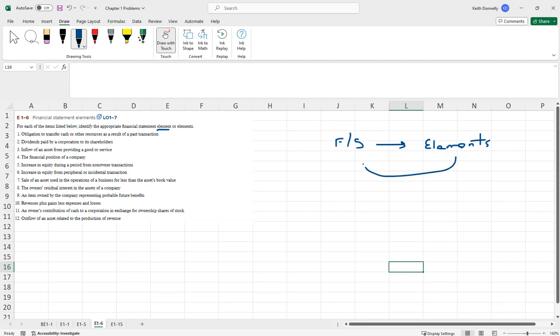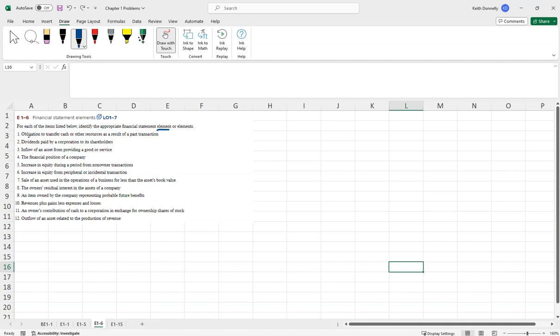Well, all the elements make up the stuff that are part of the financial statements. And really, there's some variation of an asset, a liability, or a stockholder equity account. You can look at the PowerPoints for the specifics of those elements, but we're going to go through right here and classify some of these.